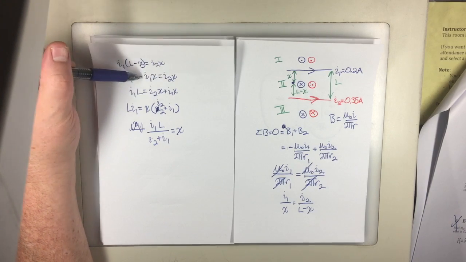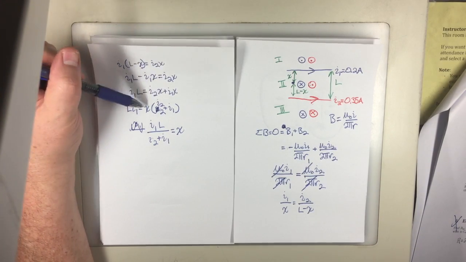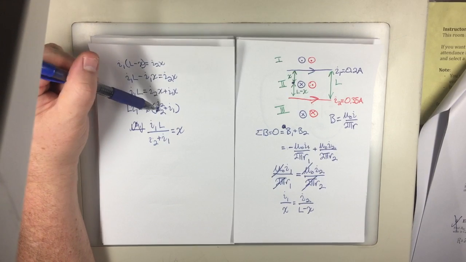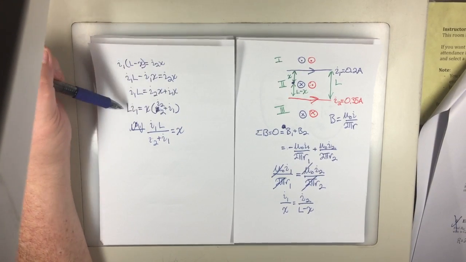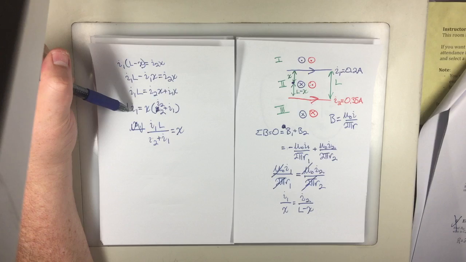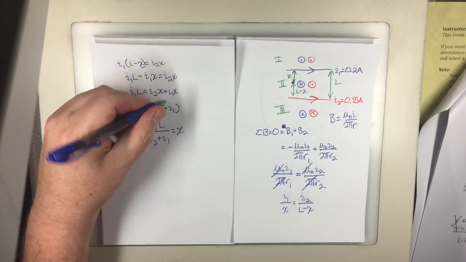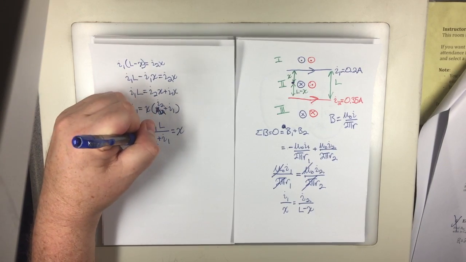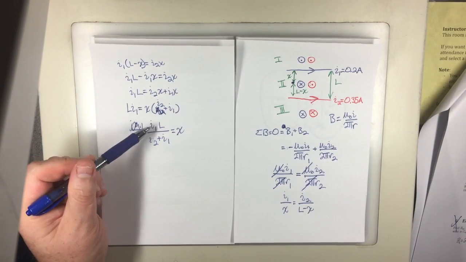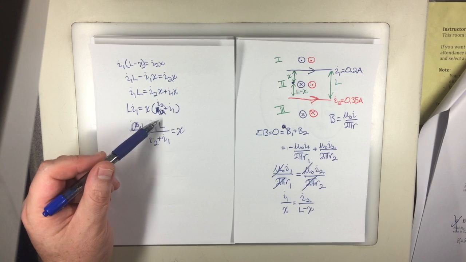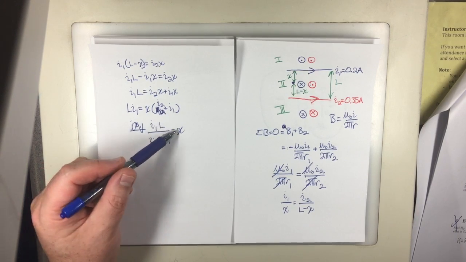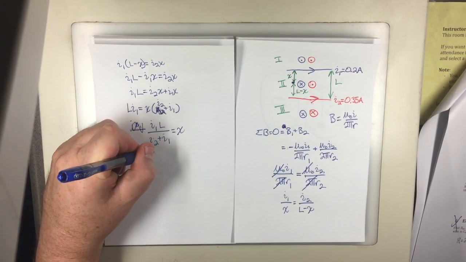That comes down. Move that over there. That becomes positive. That comes down. That comes down. X gets factored out. I2 plus I1. That goes down. That comes down under this, the I2 plus I1, to get me this. The units check out. Current divided by current is nothing. I'm left with a distance, and that is equal to X.